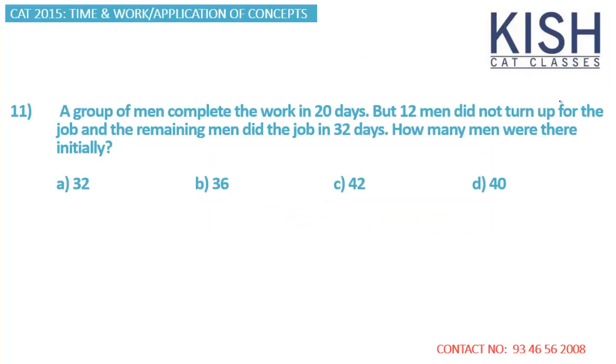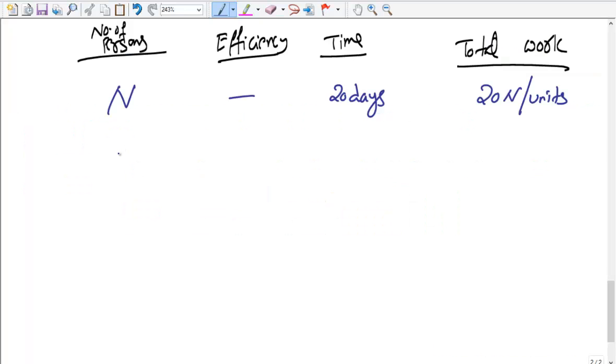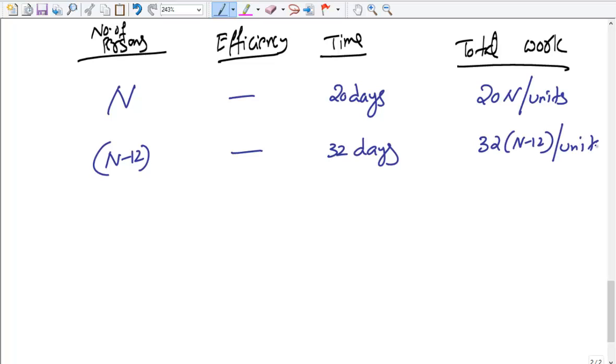Now 12 men did not turn up. It means that the number of men available now is n − 12. They finished the work in 32 days. So it is 32(n − 12) units. Since both groups are finishing exactly 100% of the work, now we can equate them.